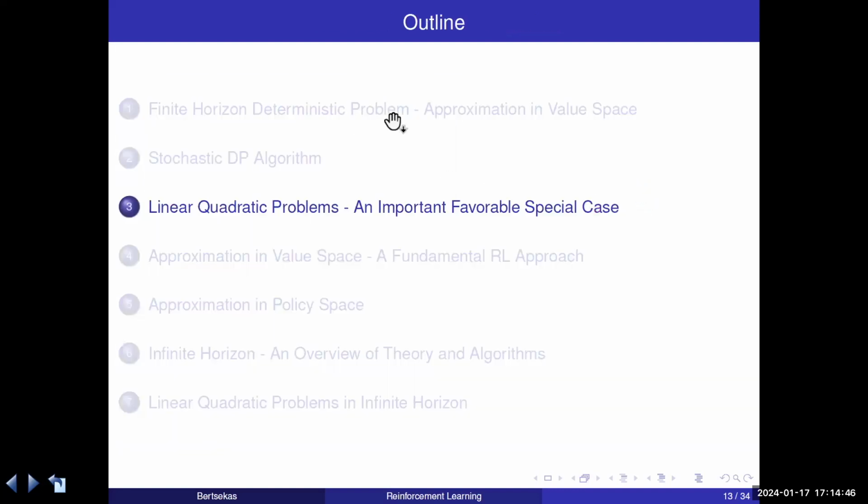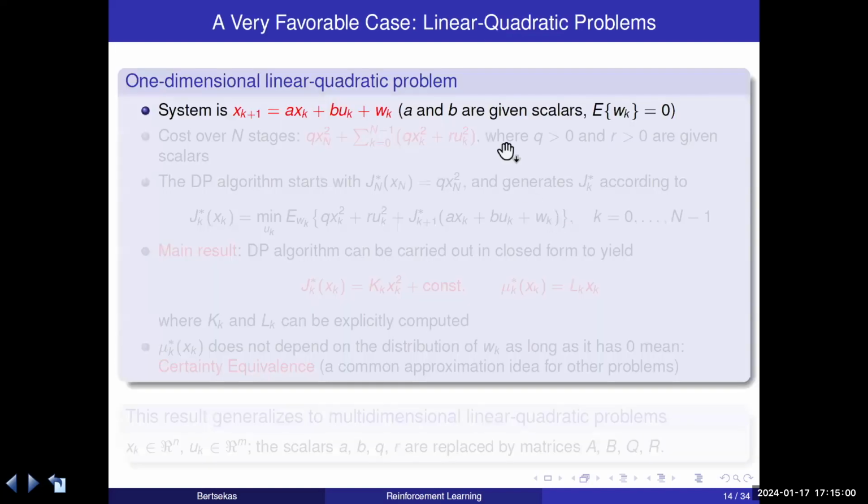But before we go into approximation in value space and reinforcement learning, let's look at an example where the structure is so favorable that we can obtain the optimal solution analytically. Okay, this is an important problem. It involves a linear system and a quadratic cost function. The system is linear in the following sense. I'm giving here the one-dimensional case, the case where the state is just a scalar.